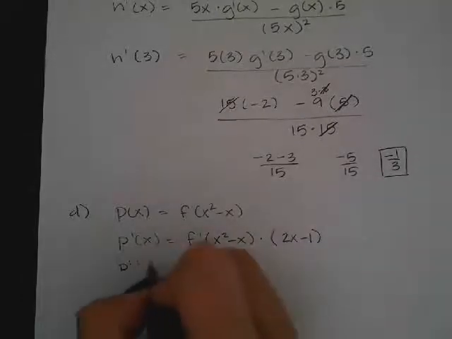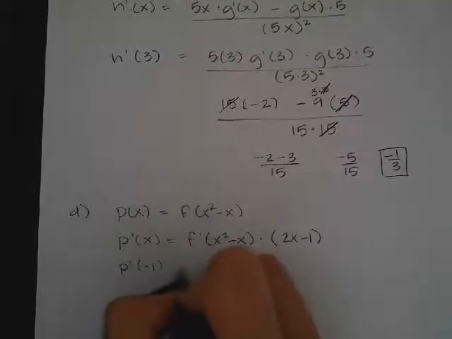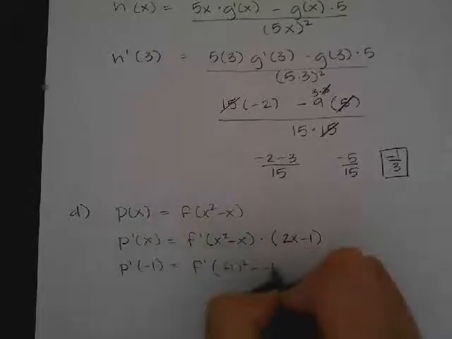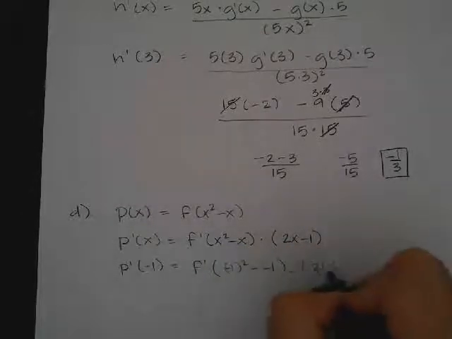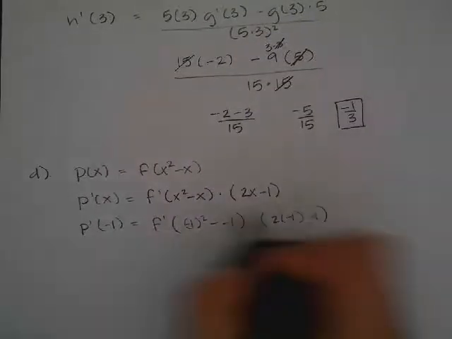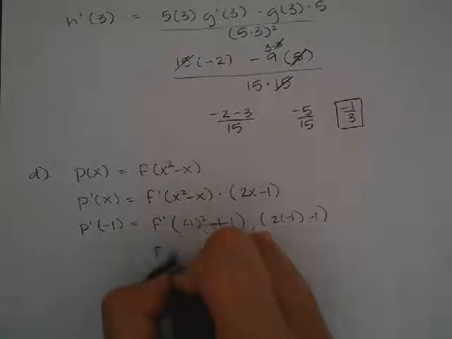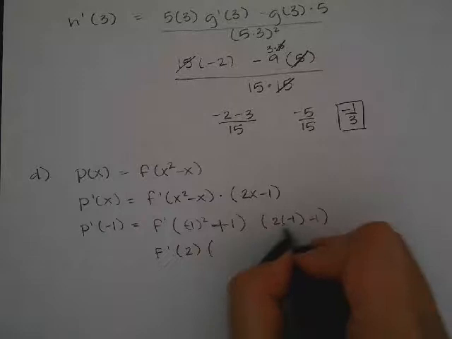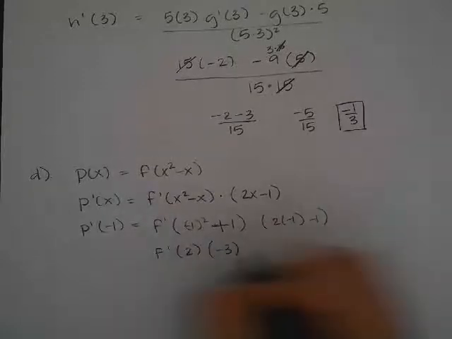And then we're going to be plugging in negative 1. So I've got f prime of 1 plus 1 is 2 times negative 2 minus 1 times negative 3.